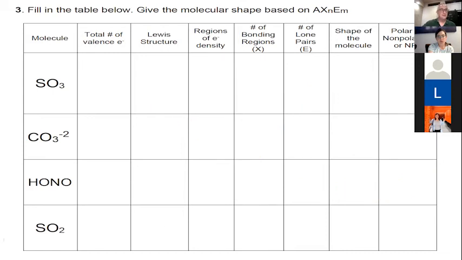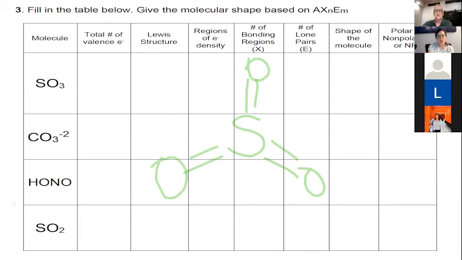I have a question on the regions of electron density. You mentioned that this one had 3 regions. How did you come to that? Okay. Because it looks like this. So the sulfur is the central atom. And we look for regions in space where we're going to find electrons. It doesn't matter how many electrons, it's just where are they?